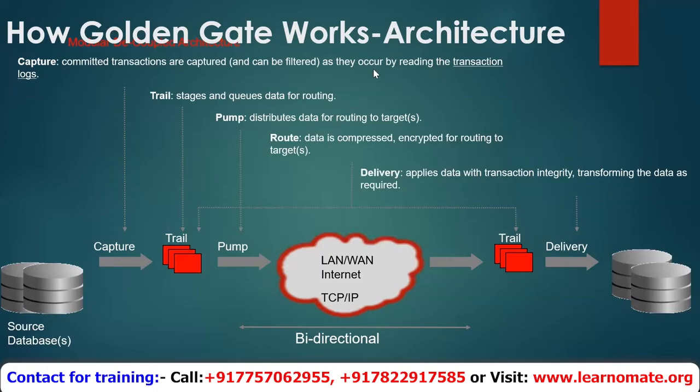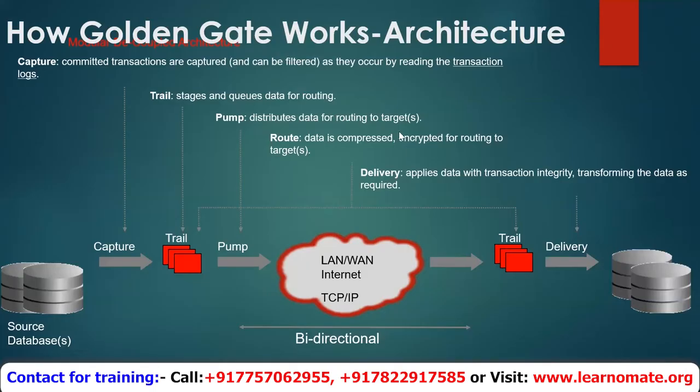So capture and extract are used interchangeably, and in the same way replicate and delivery are used interchangeably. So in the previous slide, you saw different types of extracts and replicates. Some of you might have the question, what is extract and what is replicate? Now this will answer.